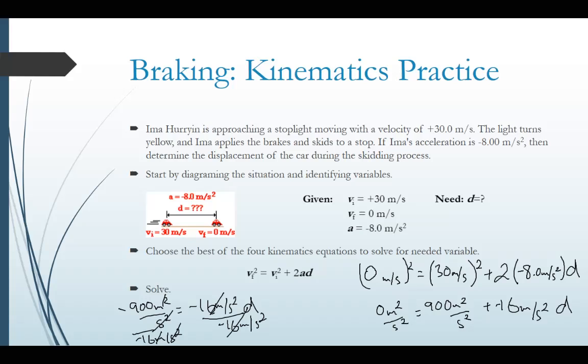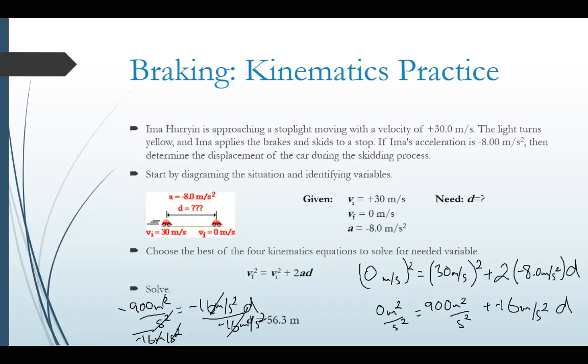So then we end up with d equals 56.3 meters. Sorry, I kind of wrote on that a little bit. I thought I had my spacing good. But okay, so that's how you solve for it.